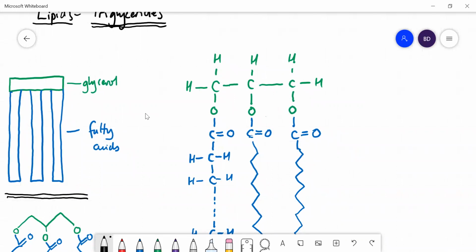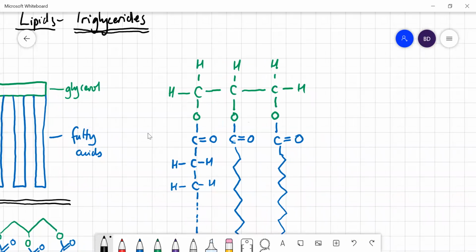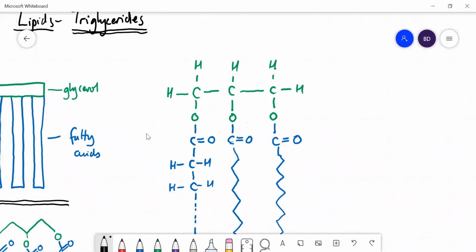Now glycerol is an alcohol. It contains OH groups. So if I draw a glycerol before it joins up with a fatty acid, it's just got 3 OHs on it, 1 on each carbon.